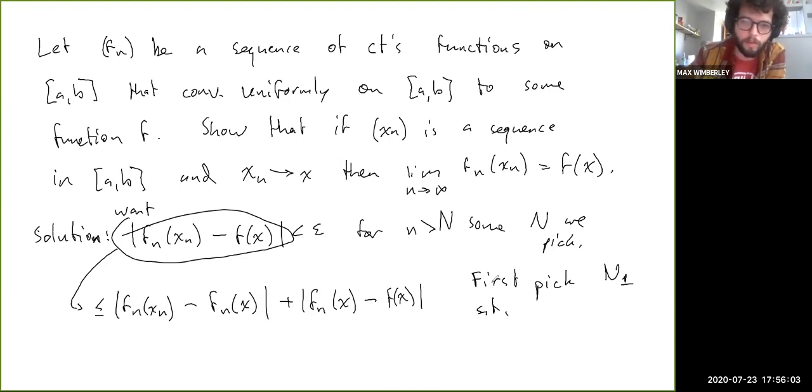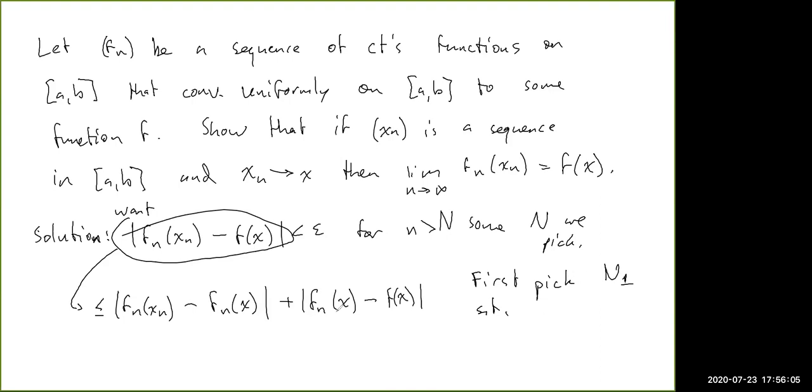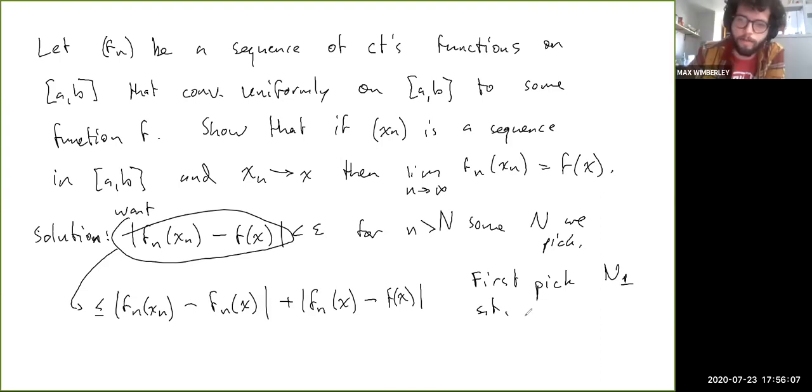So if you pick n1 such that, since they converge uniformly, we can just say fn of y minus f of y is less than epsilon over 2 for all y in this set, and for all n greater than n1.